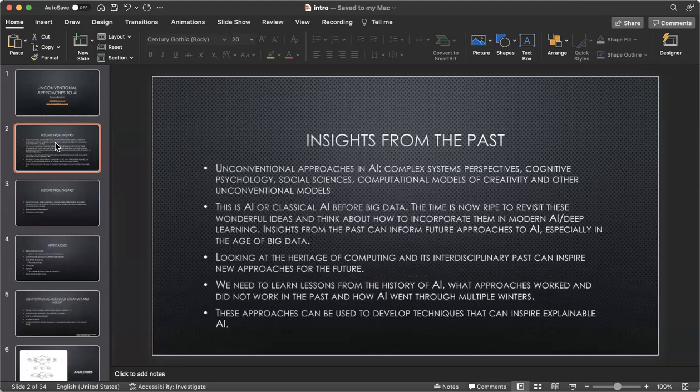We'll look at the heritage of computing and its interdisciplinary past. Most critically, I think we need to learn some lessons from the history of AI, what worked and what did not work, and how AI went through multiple winters. These approaches can be used to develop techniques that may inspire new explainable AI techniques.